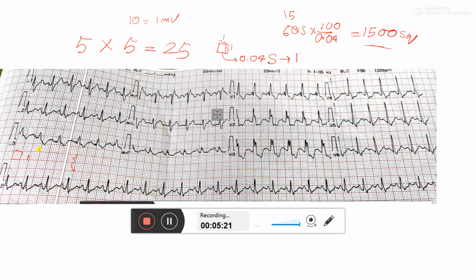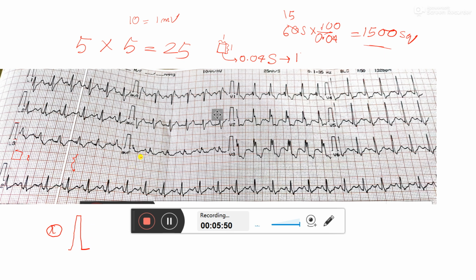Suppose it is the case of a very obese patient, where the amplitudes of the waves are small, so we cannot observe the waves properly. They need to be amplified, so the calibration will be increased.